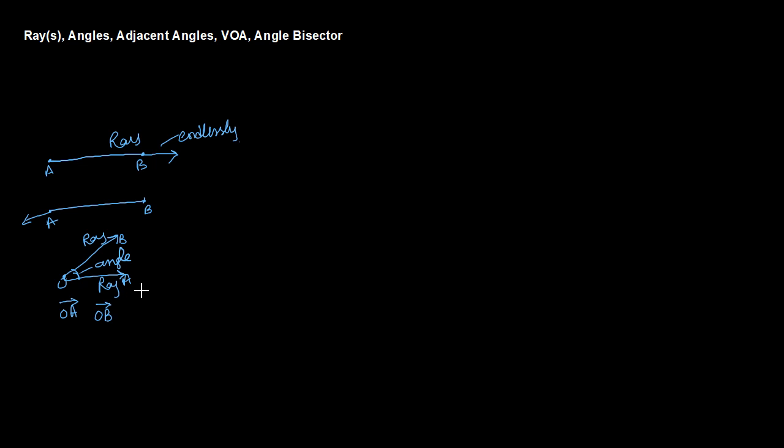So an angle is a figure formed by two rays with the same initial point. In the sense they both are originating from the same point, or otherwise sometimes it's also referred to as the vertex. Remember, vertex is singular and vertices is plural.